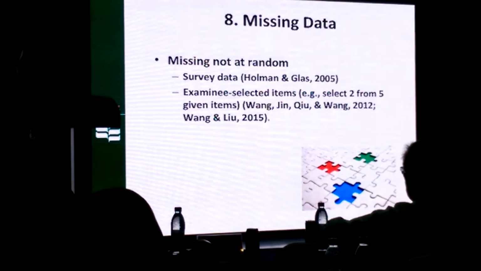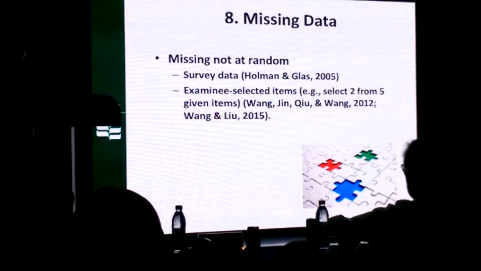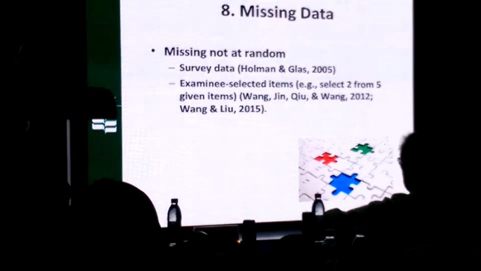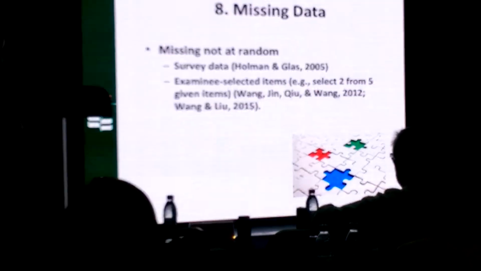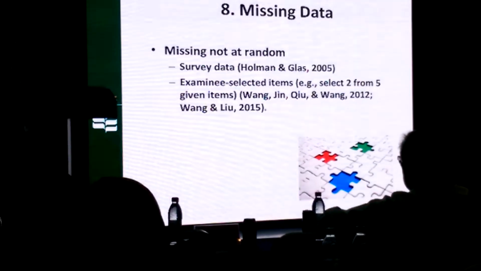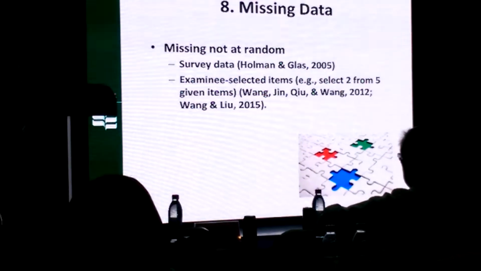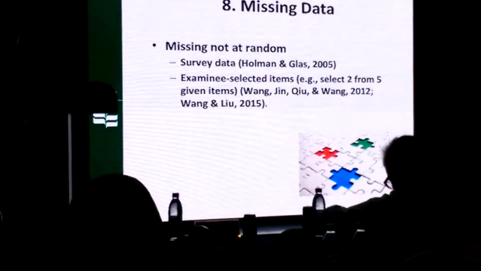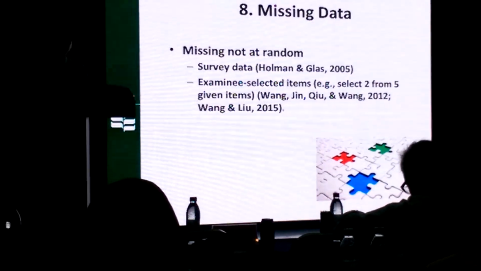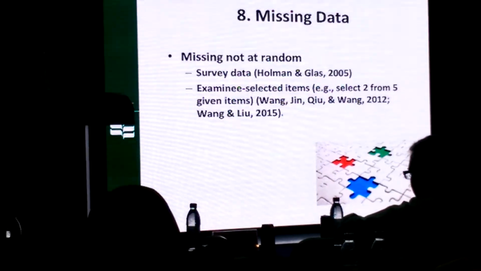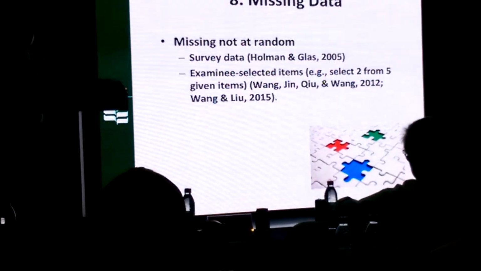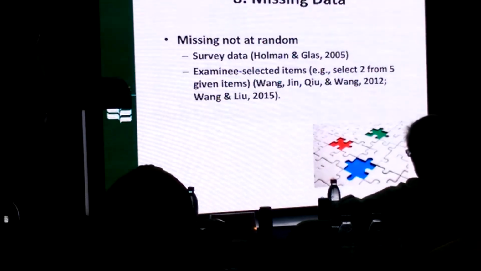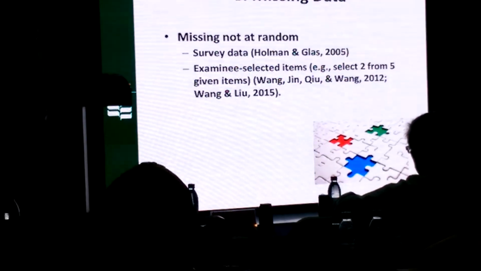You have to choose two of these 5 items to answer, no more, no less. You allow the student or examinee to select items to respond. So that is missing not at random, because sometimes more capable students tend to make a better decision in selecting easy items to answer. So this will cause a test fairness issue.